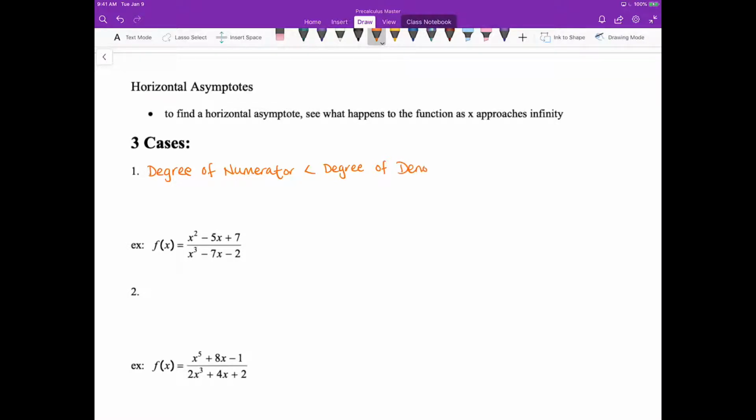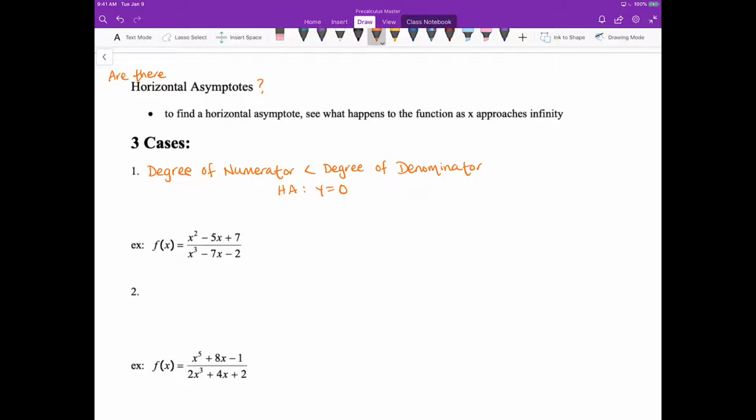So the first question you would ask yourself when you're trying to determine whether there are horizontal asymptotes is, is the degree of the numerator less than the degree of the denominator? And if it is, the horizontal asymptote is automatically the line y equals 0.